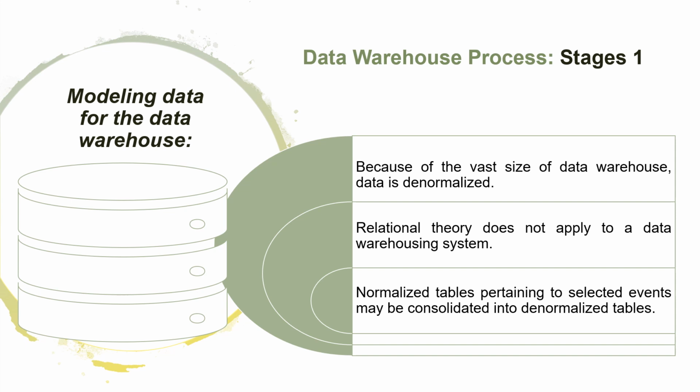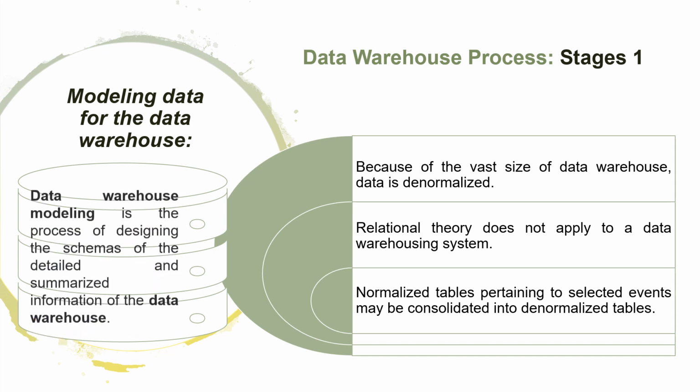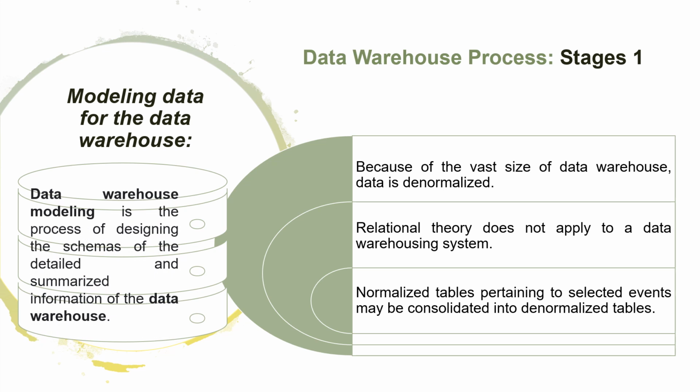Normalized data tables regarding selected events may be consolidated into denormalized tables. Okay, so data warehouse modeling is the process of designing the schemas of the detailed and summarized information of the data warehouse.